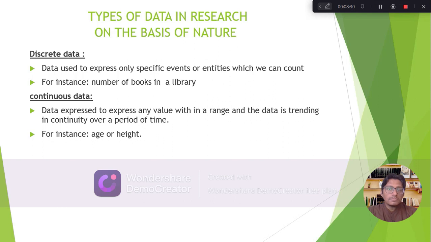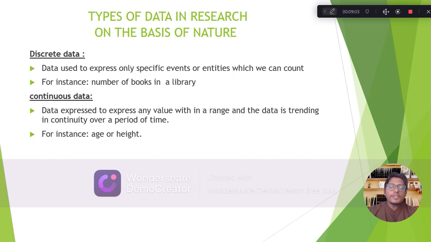Now if we talk about the quantitative subtypes, there are two subtypes of quantitative data, discrete data and continuous data. Discrete data is data which expresses only specific events or entities which we can count, like we can easily count the number of books in a library. So any data which we can easily count is known as discrete data. And continuous data is any data which is expressed in terms of continuation.